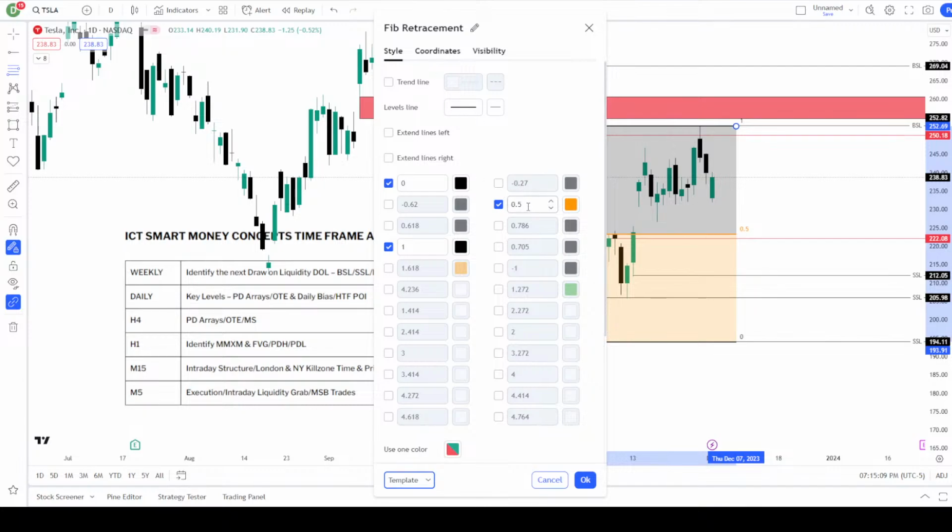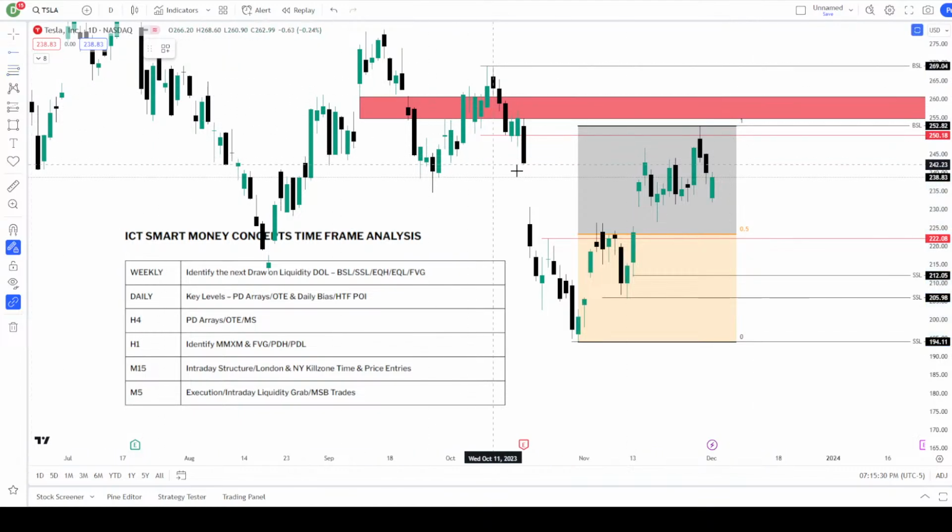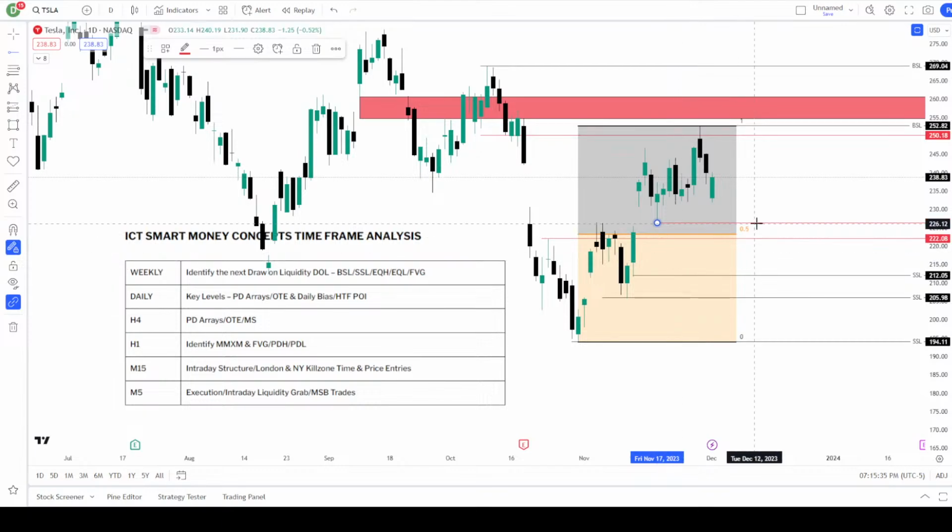So mine's at the 50% and the 0 and the 1, and it gives me a premium or a discount zone. If I'm looking from this swing low to this swing high, I can see that currently price is in premium. We already have this level of buy side liquidity marked off from the previous week that we were in. And so I'm going to look at this premium array to sell side.